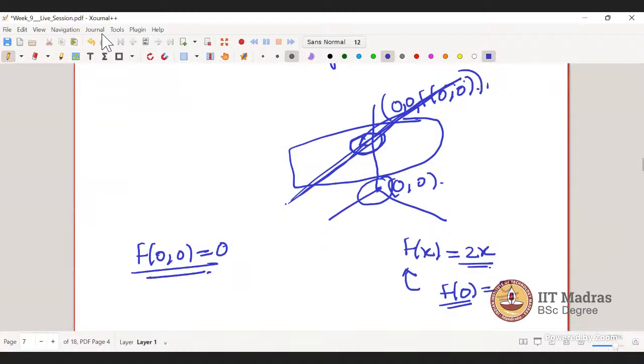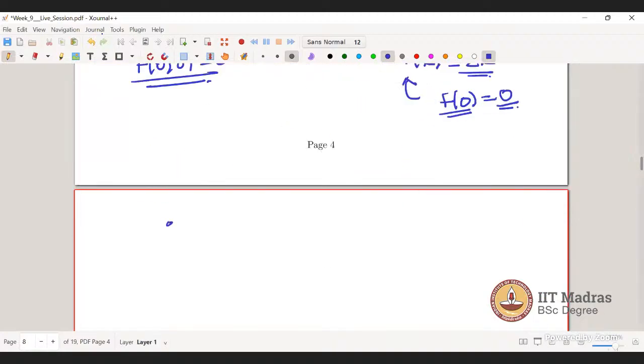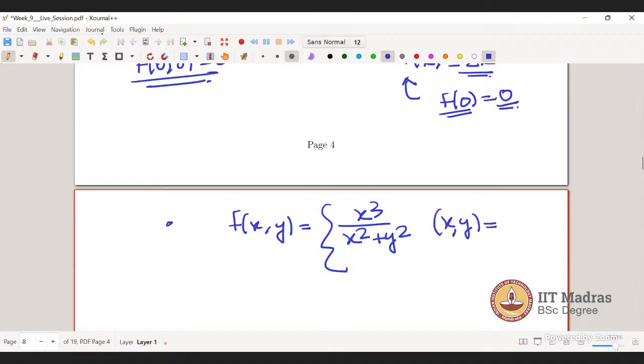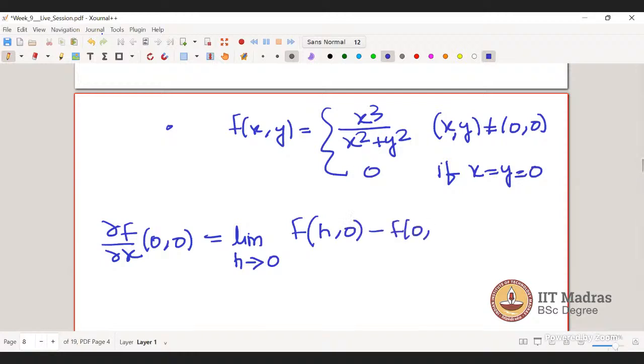Let me do what Pritham is saying. So if you take this function, x cube over x square plus y square, if x and y are non-zero, and this is 0 at the origin, then if you take the partial derivative of this function at the point 0, 0, by definition, what is this value?